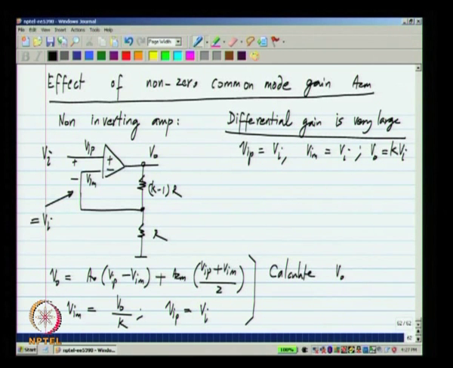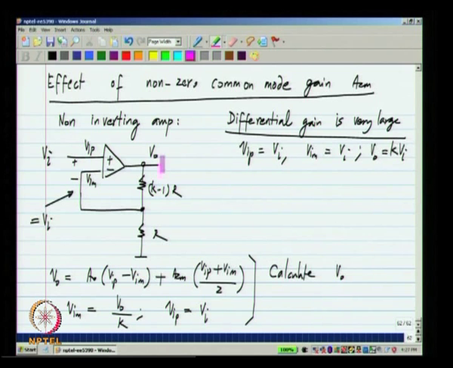Now, I will assume that the common mode gain ACM has a small non-zero value. What will that do? That will change the output. I will assume that the output is not changed significantly. So, if the output is not changed significantly, then VIM is not changed significantly. That is my assumption.